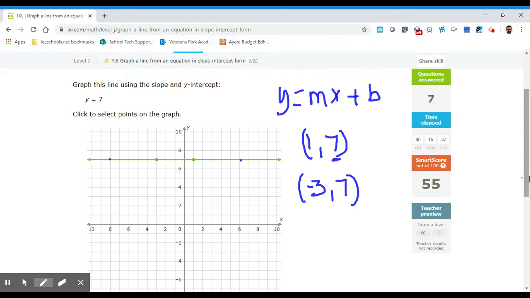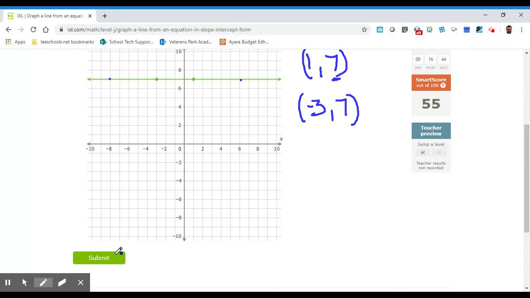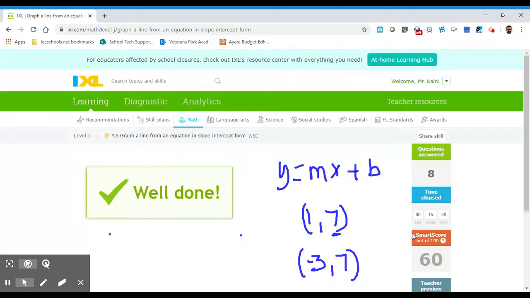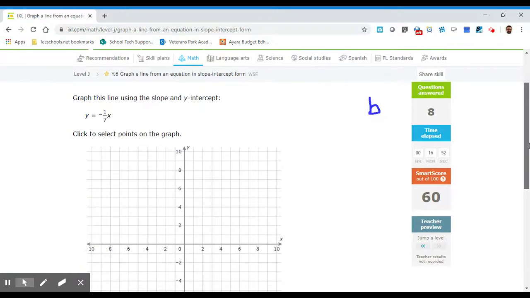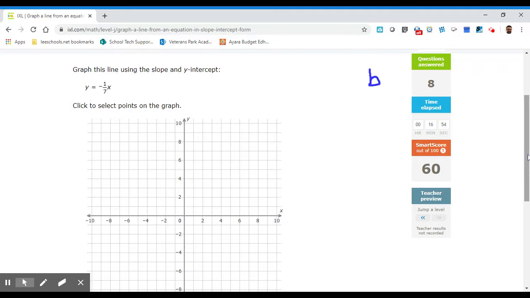Okay, and let's click that one, and we'll try another one here. This one says y equals -1/7 x. For this one, you don't have your y-axis intercept. It just gives you y equals -1/7 x.